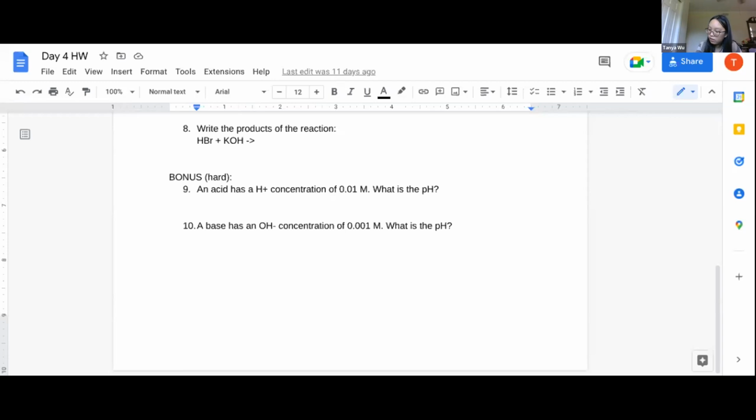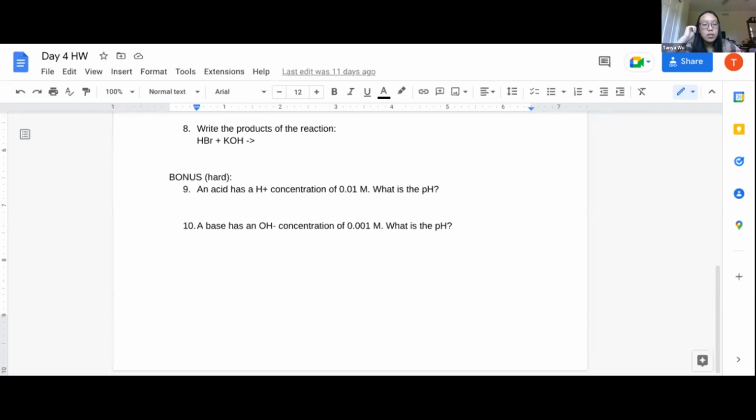For this one, you can use the log base 10 button on your calculator, or you could do it in your head.